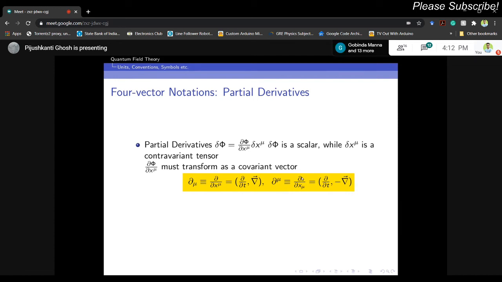When you take the partial derivative with respect to covariant x mu, then the corresponding operator is denoted as a contravariant vector. Similarly, when you take the partial derivative with respect to a contravariant variable, the corresponding derivative operator is a covariant derivative operator. Okay, and here del x mu, similarly del t minus grad.